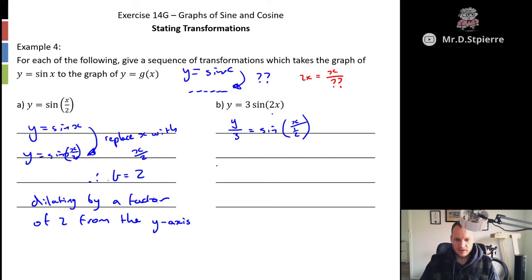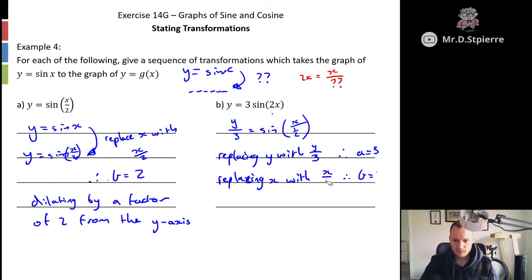So how would we get this? This would be by replacing y with y on 3 and replacing x with x on 3. Okay. So therefore in this case a is equal to 3 and b is equal to, no, oh my god. We need to replace x with, I'm jumping ahead.